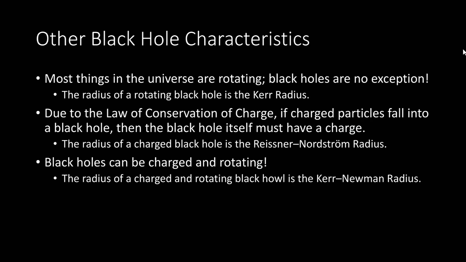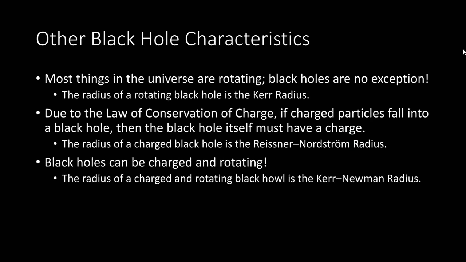We said that the Schwarzschild radius was for a non-charged black hole. That implies you could put charge onto a black hole. This is related to the conservation of charge in electromagnetism. You can't create or destroy charges, so if you have a bunch of charged particles falling into the black hole, then the black hole will assume those charges.